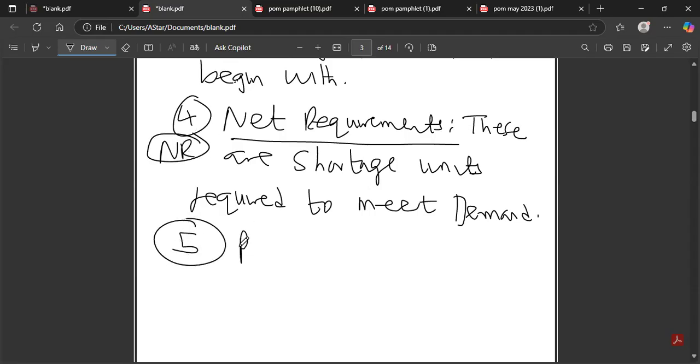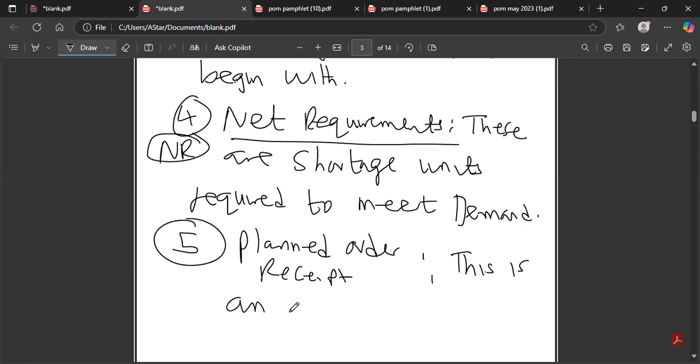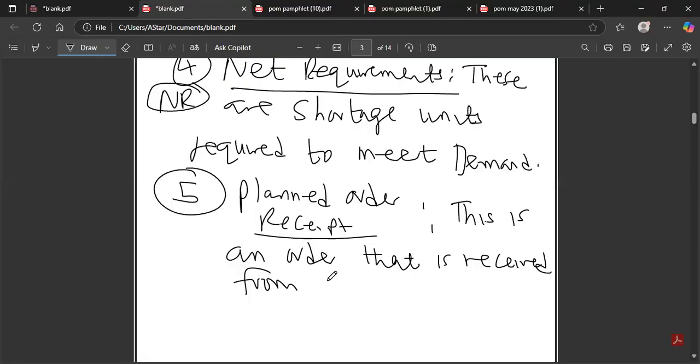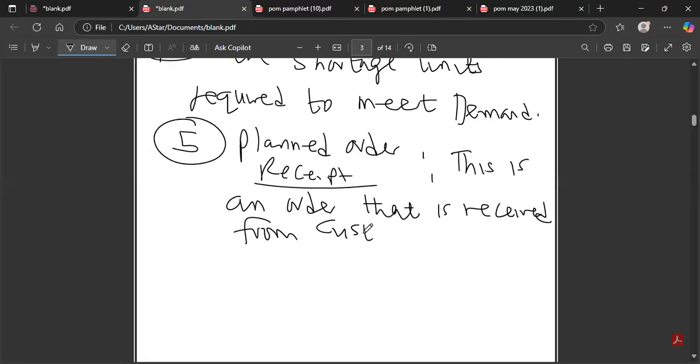Then the other one is planned order receipt. So this is an order that is received from customers. And the last one is planned order release.